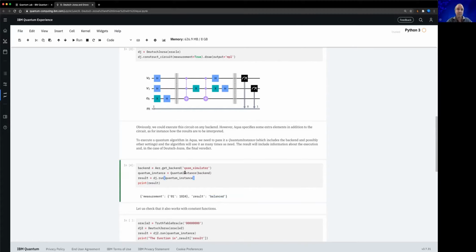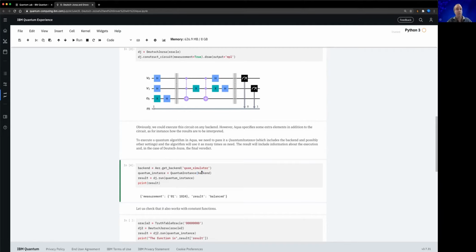Something that is different when we use this implementation is that instead of taking the circuit and running it on a backend, we need to define what is called a quantum instance. This quantum instance, in this case, only depends on the backend that we want to use, but in general, it can have more parameters in its creation. We will talk about this later.